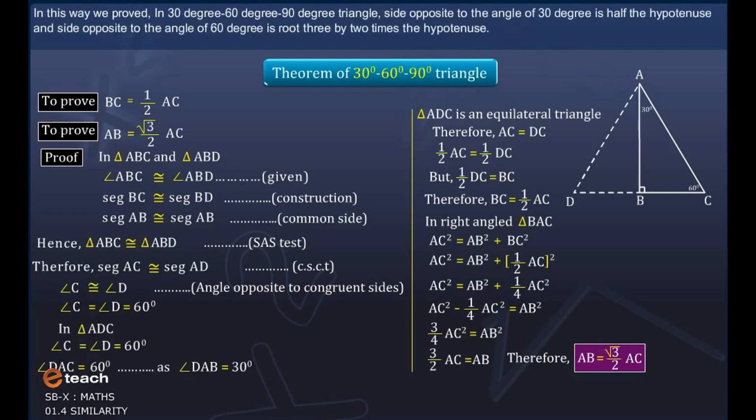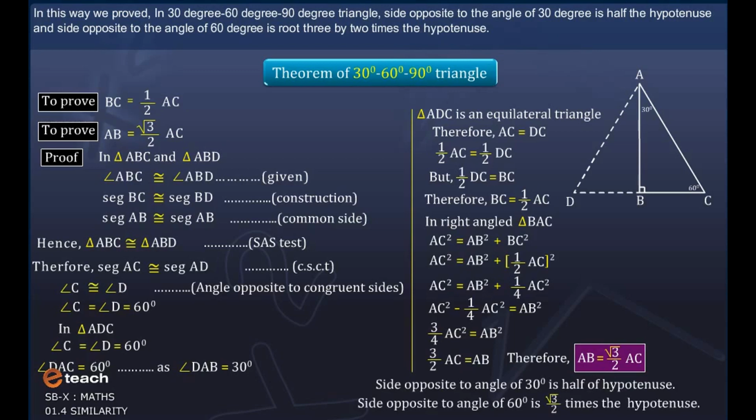In this way, we proved in 30, 60, 90 degree triangle, side opposite to the angle of 30 degree is half the hypotenuse and side opposite to the angle of 60 degree is root 3 by 2 times the hypotenuse.